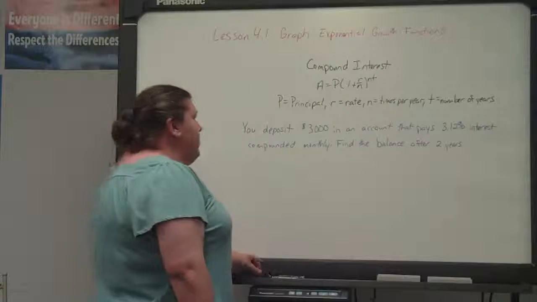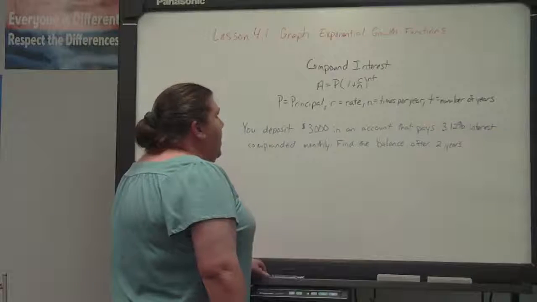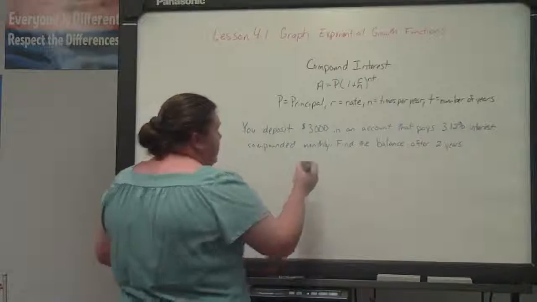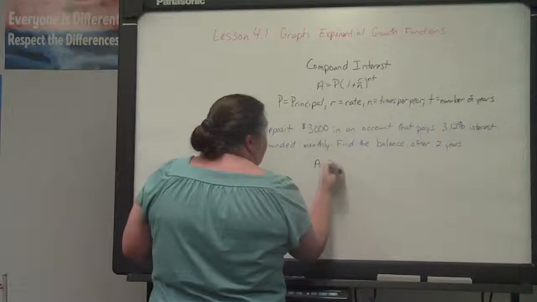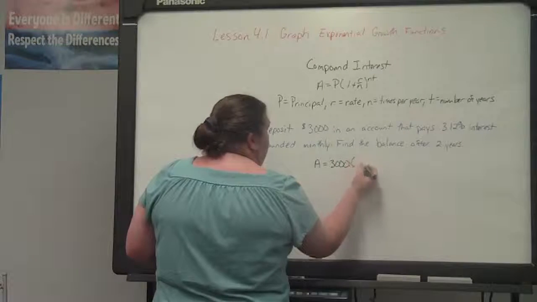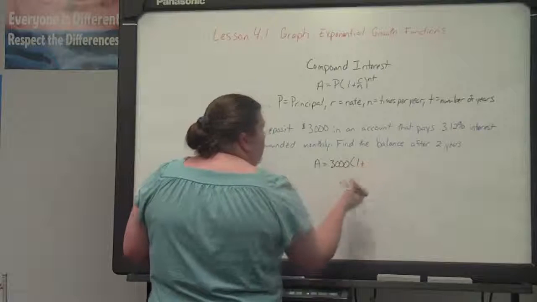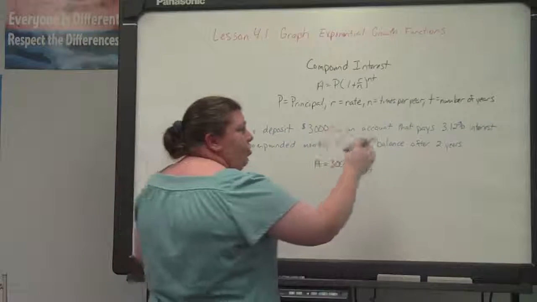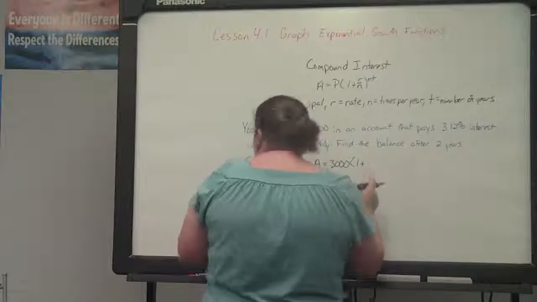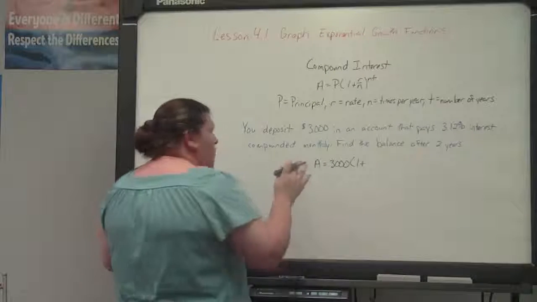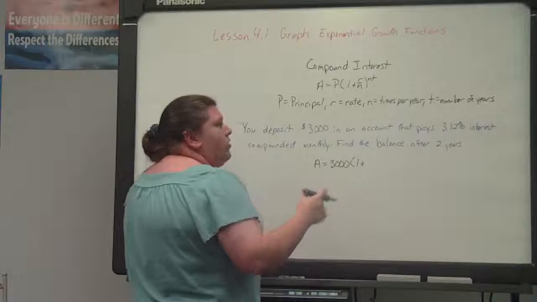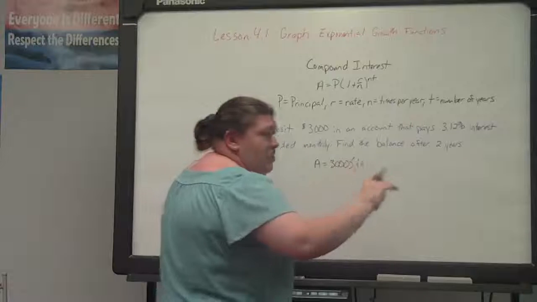What I'm going to do is set it up in my formula. A equals the principal, which was $3,000, times 1 plus my rate, which is the 3.12. But when you look at the rate, to use it you actually have to get rid of the percentage sign.